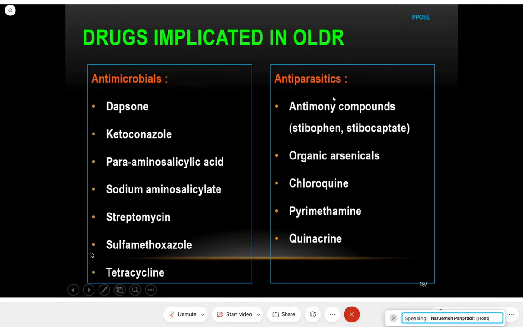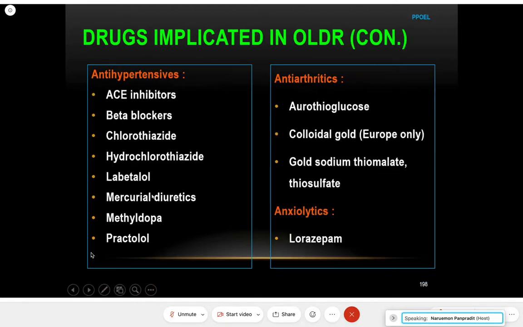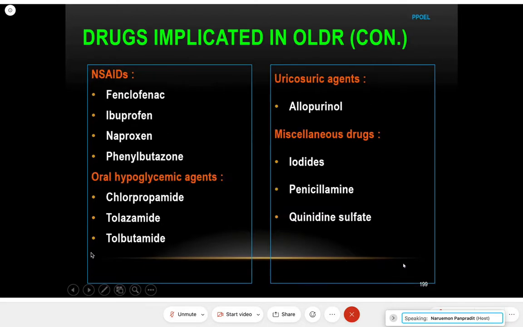This is a group of antimicrobial, antiparasitic drugs, but the most common are antihypertensive drugs, diabetes drugs, and lipid lowering agents. Anti-diabetics are the most common group reported for oral lichenoid drug reaction. Okay, I gave the names already.